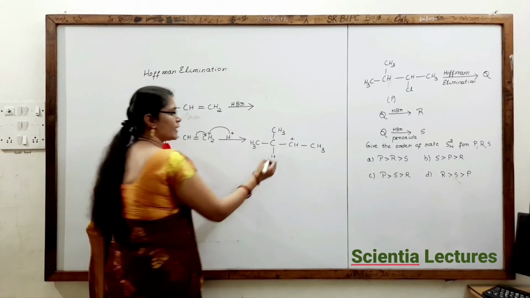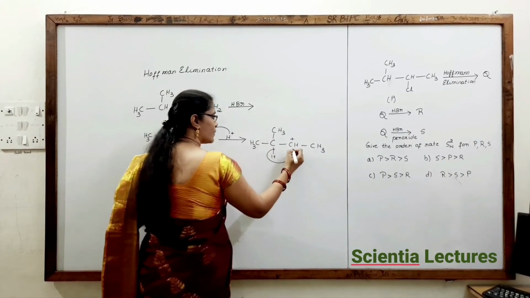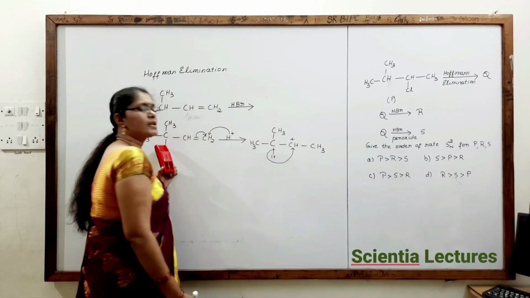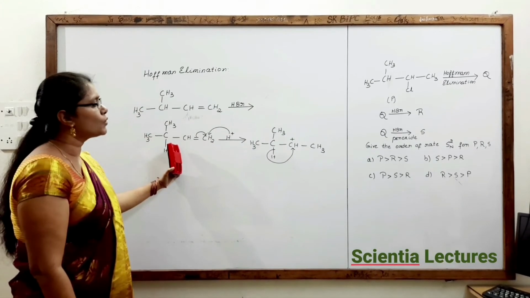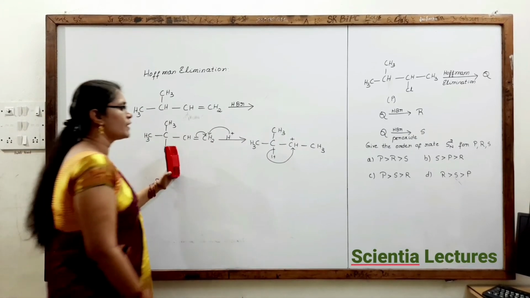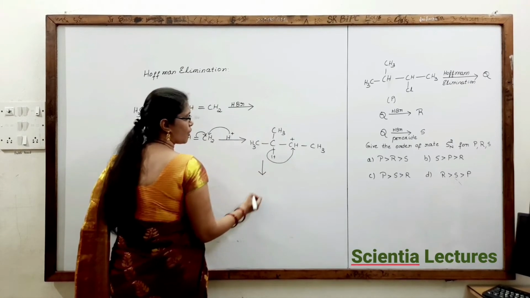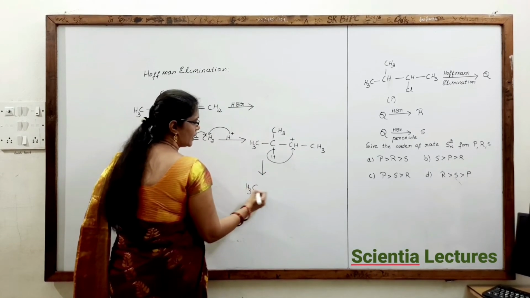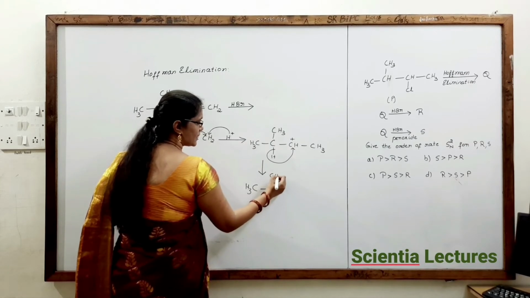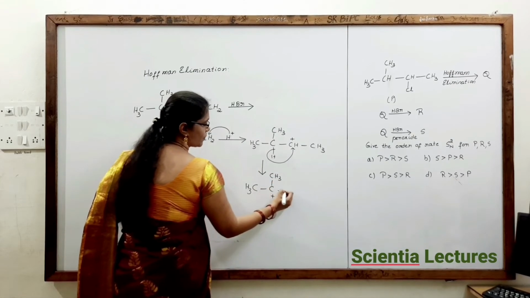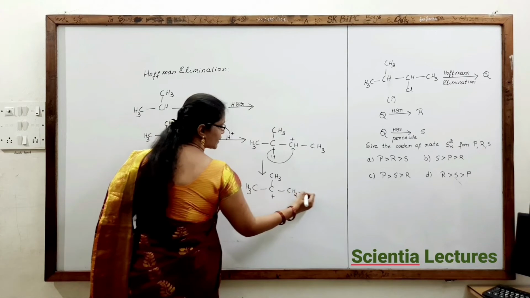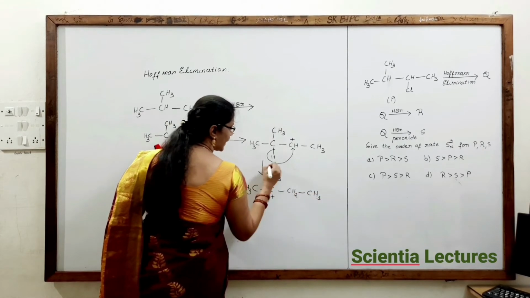Now this secondary carbocation, as we have already discussed in one problem, undergoes a 1,2 hydride shift. When it undergoes 1,2 hydride shift, it leads to the formation of CH3 bonded to C bonded to CH3, a tertiary carbocation, as a reaction intermediate by rearrangement.